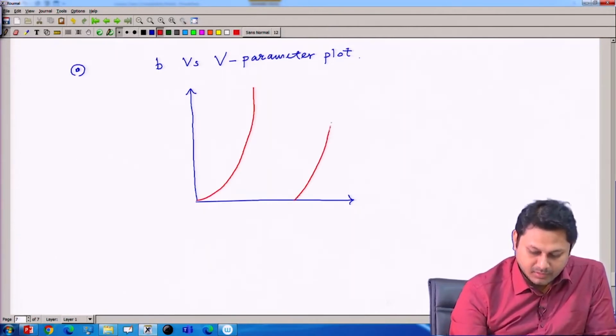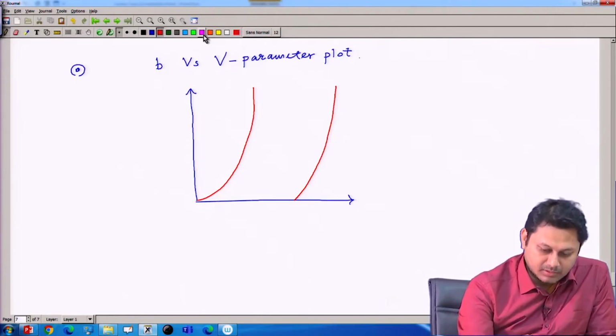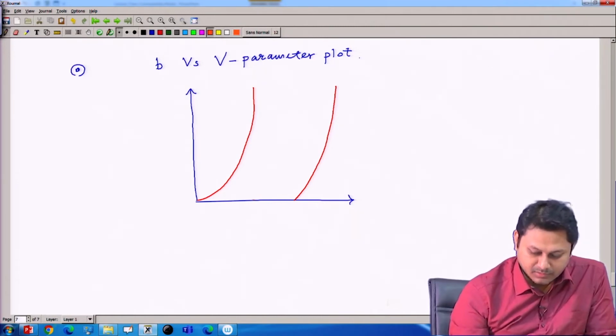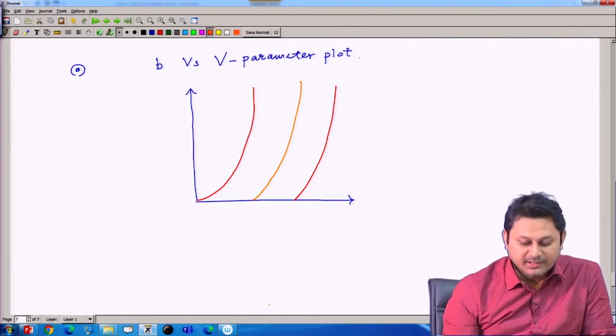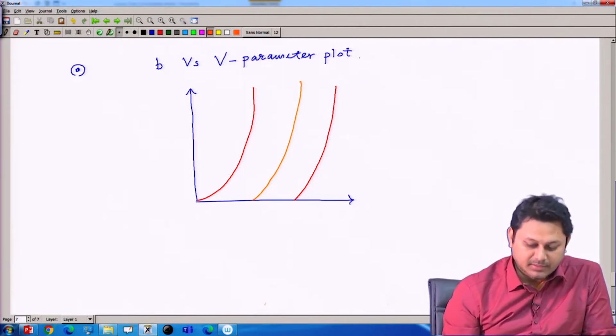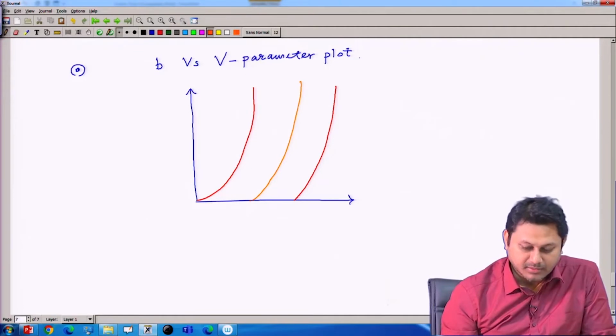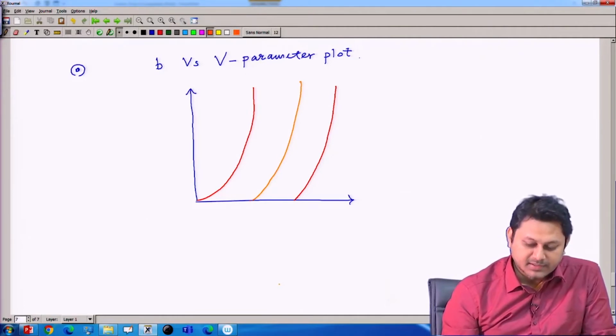These are the plots, where red is the symmetric one and this orange color is the antisymmetric one.